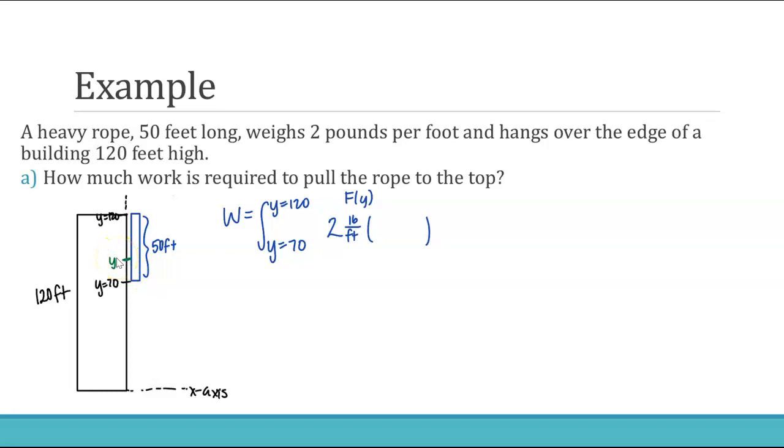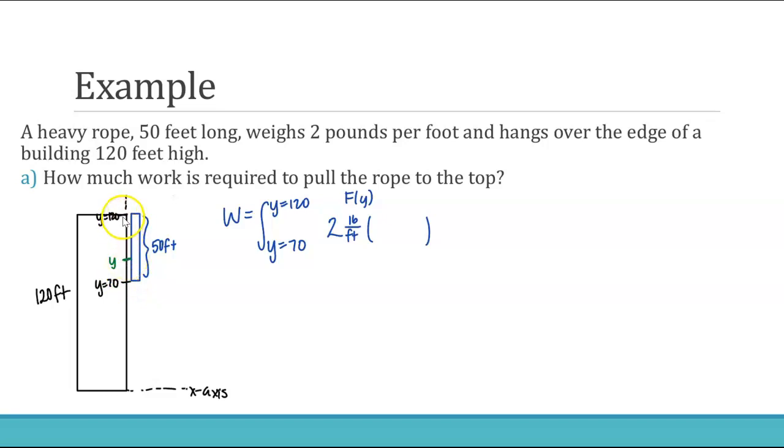So let's say, for example, y is equal to 80. At the exact moment when y is equal to 80, that means that 10 feet of rope has already been lifted. If we're starting at a y value of 70 and now thinking about y equal to 80, that means 10 feet of the rope has already been lifted.